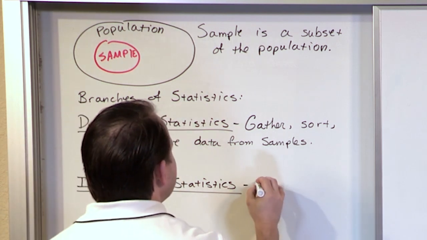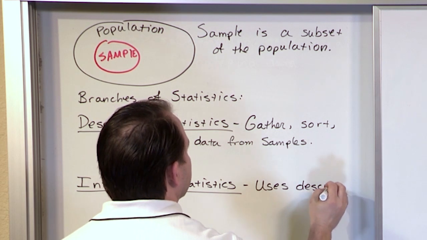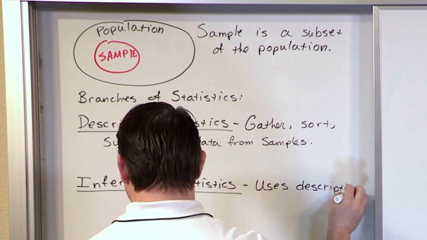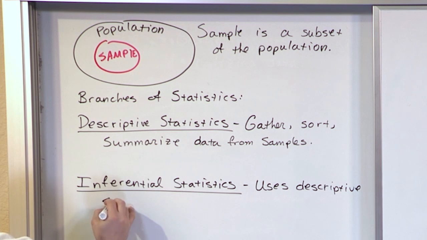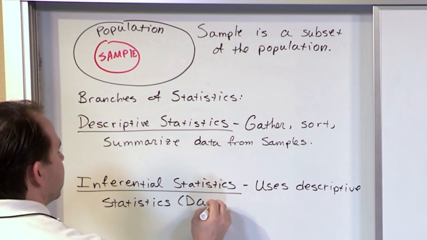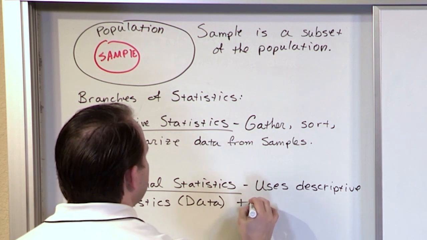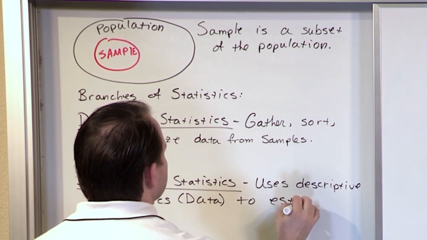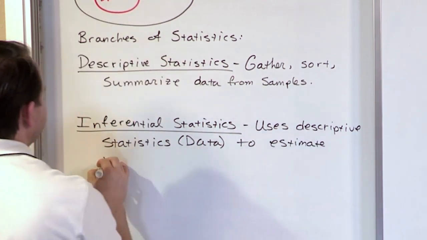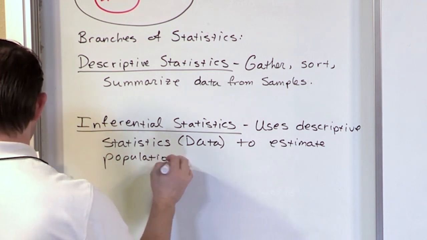So what this is, it uses descriptive statistics, which really is comprised of data. So it uses that descriptive statistics to, and this is the important part, estimate population parameters.